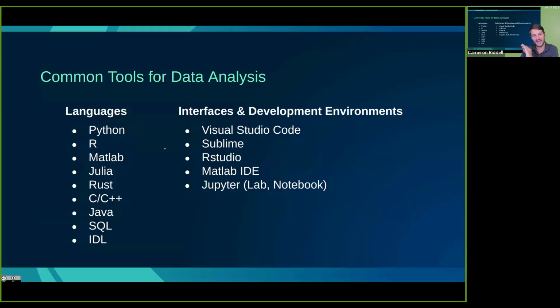If you use MATLAB, you probably use MATLAB through the MATLAB IDE, where you can write your code in one place, and then you have access to like a variable explorer on the right. You have access to a built-in debugger on the left by the line numbers. You have access to the current working directory and all the files, so it's easy to see everything. These are interfaces and development environments.